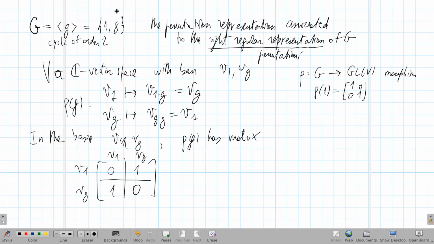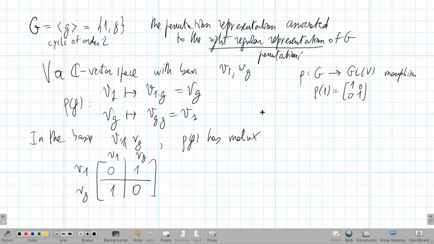Now I want to explore, I mean, this is a particular case of something more general, but it's useful to do it in elementary fashion first. So we want to explore some sub-representation of this.